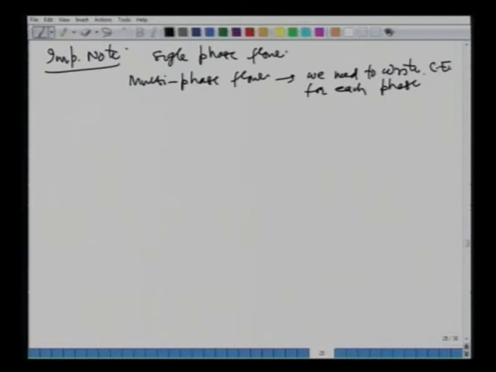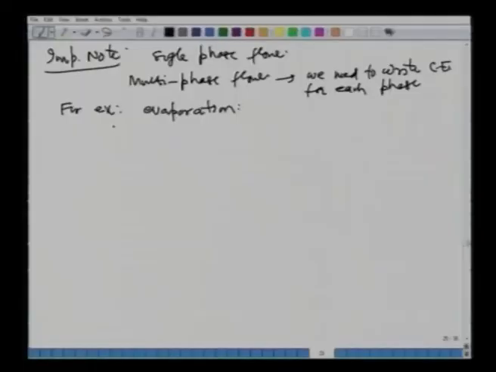For example, evaporation. When the water is evaporating from water bodies, let us say rivers, lakes, dams and reservoirs, you have a multi-phase flow kind of situation there. There is condensation taking place, there is evaporation taking place, and the net escape of water is called the evaporation.